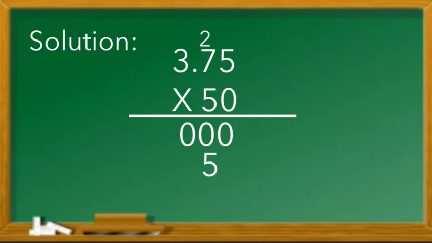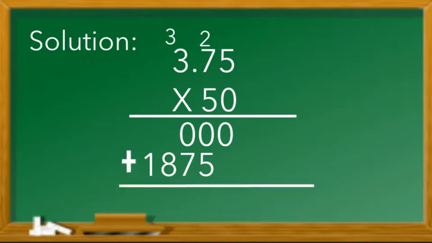We have 5 times 5 is 25. Carry 2, bring down 5. We have 5 times 7 is 35. Plus 2 is 37. And 3 times 5 is 15 plus 3. Answer is 18. So, 0.